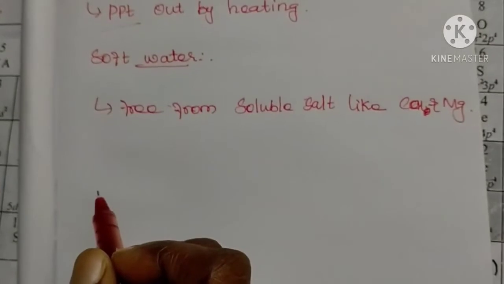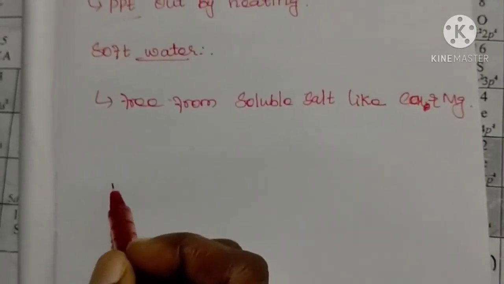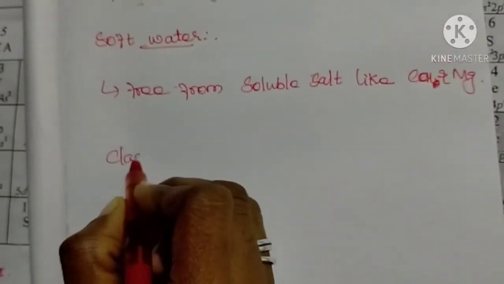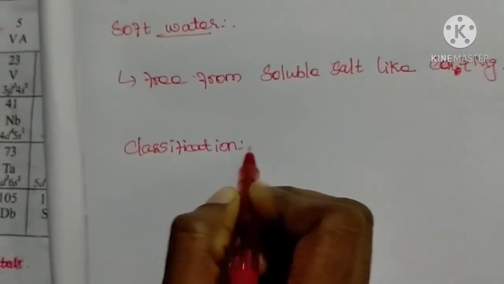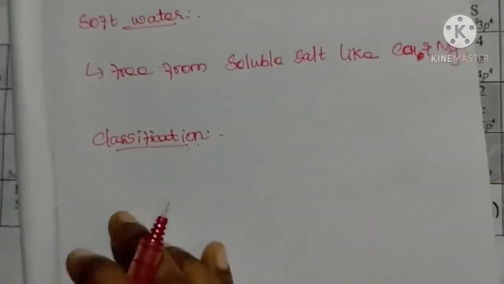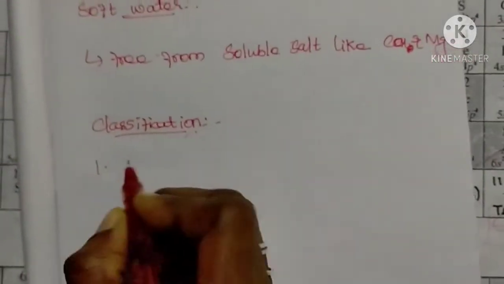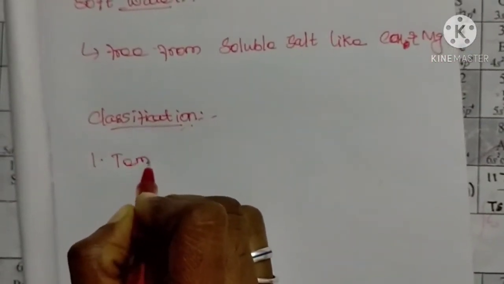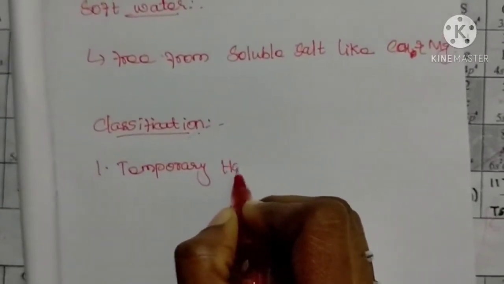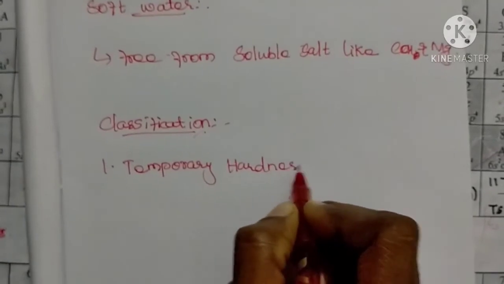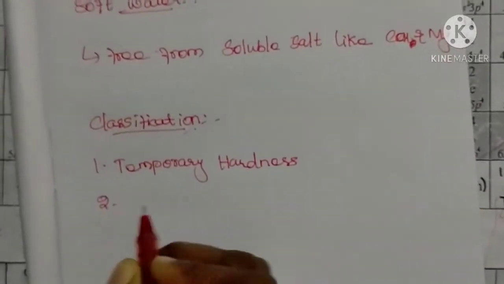The next topic is the classification of hardness of water. There are two types of classification. First, temporary hardness.